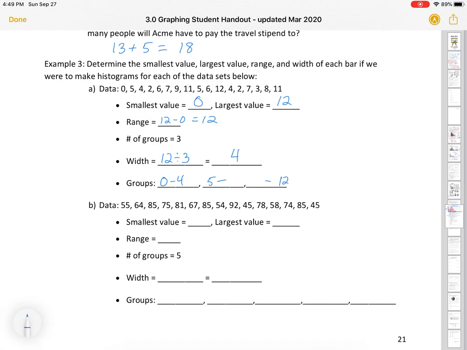I know this is going to end at 12. 8, 9, 10, 11. So it's going to be 9 to 12, and this is 5 to 8. That one column is a little misleading because it starts at 0, but it's the best way to do it because you'll have 4, the range of 4, right?